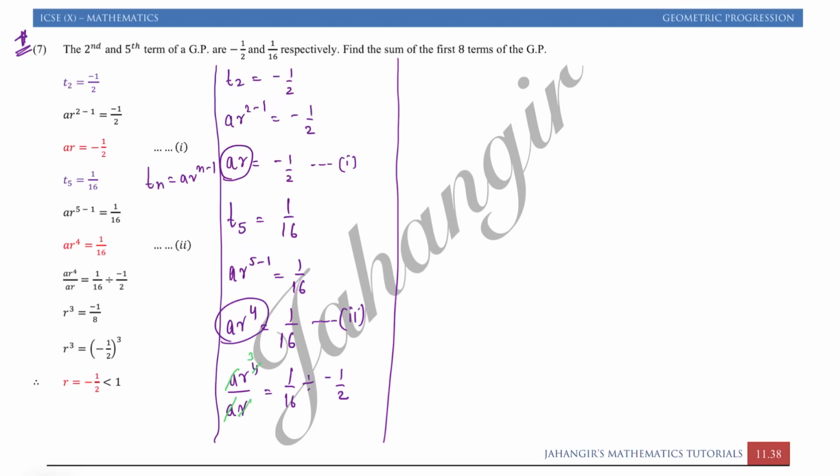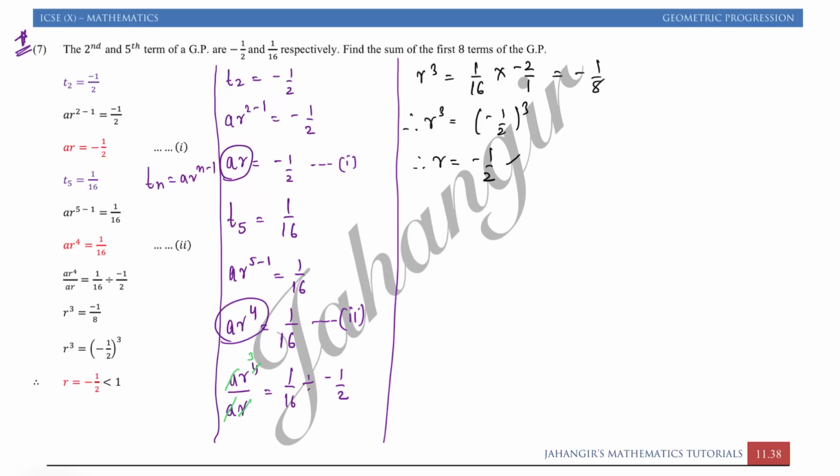This will get cancelled as R cube. So we can write R cube is equal to 1 by 16 divide ko I can make multiplication minus 2 by 1, that is minus 1 by 8. So therefore I can say R cube is equal to minus 1 by 2 cube. So therefore R is equal to minus 1 by 2.